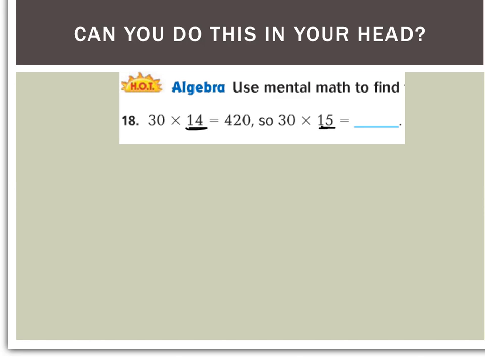So that means my answer needs to be 30 more for 30 times 15 than 30 times 14. 420 plus 30 more is 450. And my knowledge of multiplication allows me to do that in my head.